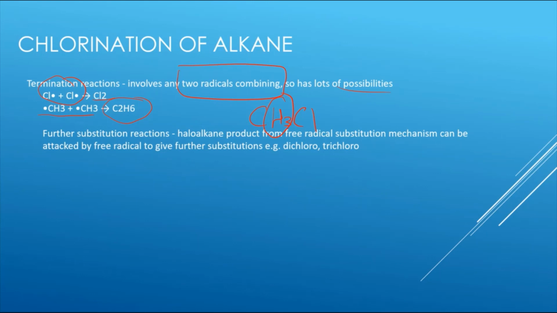They can end up taking this hydrogen, and this can form CH2Cl2, and this can react further to form CHCl3, and this can further react to form CCl4, until there are no hydrogens left.